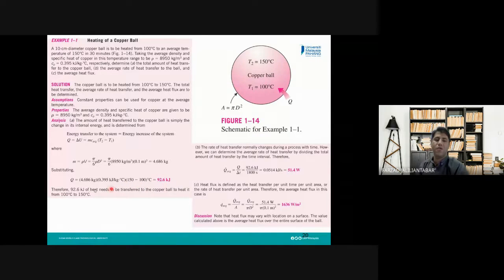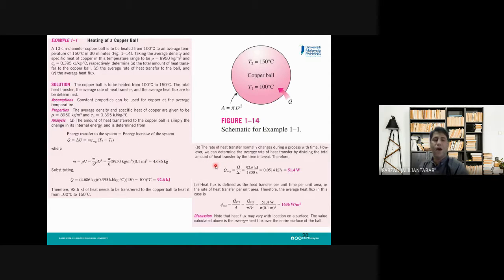So simply, we can calculate Q. What is important in this equation are units. Be careful with units: kg, kilojoule per kilogram-degree Celsius, and degree Celsius. And finally, the unit for Q will be kilojoule. The 92.6 kilojoule is required for this heating process, from 100 degrees Celsius to 150 degrees Celsius.